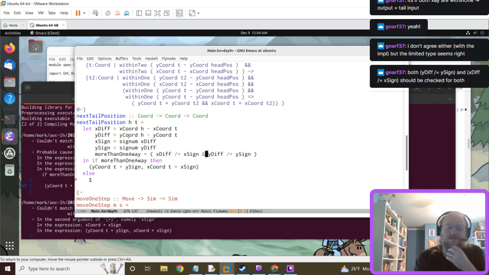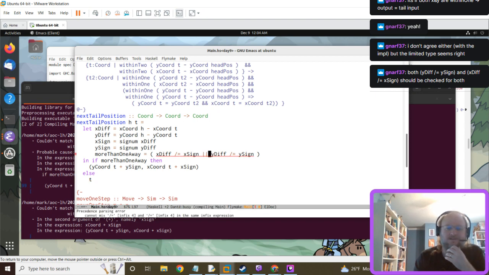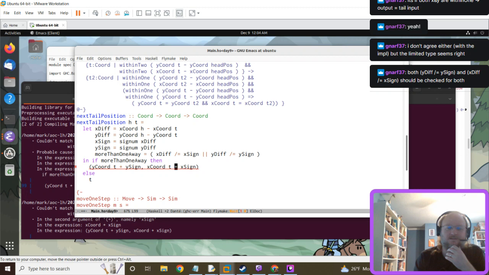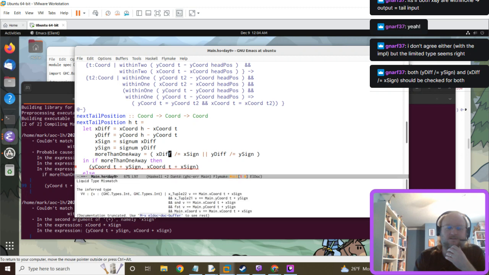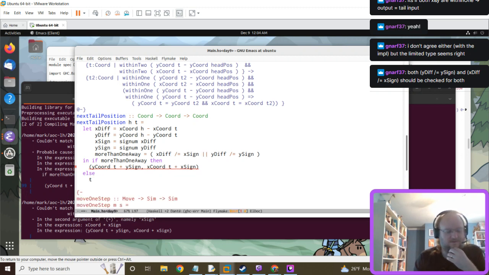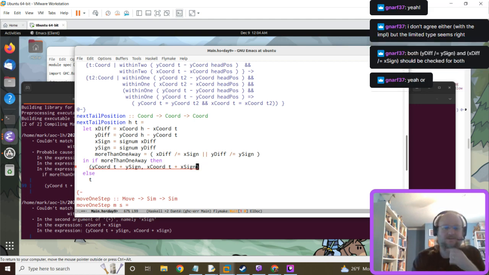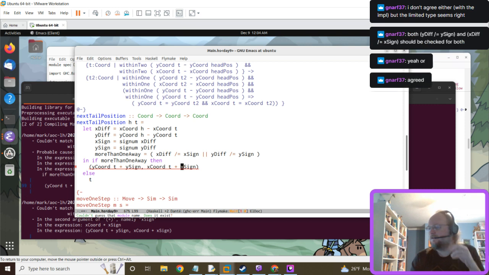No, this has to be or. But if it's 2 away, then we drag the tail towards us. All right. So now it agrees this is correct. And it doesn't agree this is correct.